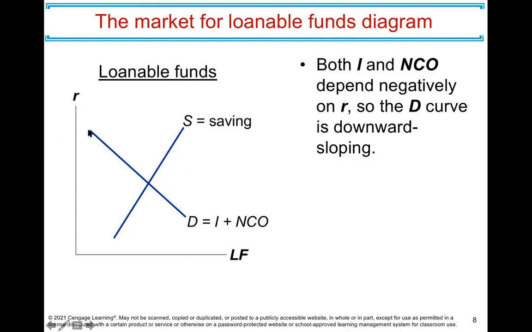And then also on the other side, demand, which is two components: domestic investment, or I want to buy foreign assets, which is NCO. So demand can be cut up into two pieces: the domestic piece and a foreign piece. And that's going to be changing with the interest rate as well. When the interest rate is really, really high, your demand for loans is really, really low because, well, I just charge you 15% for a 1-year loan.